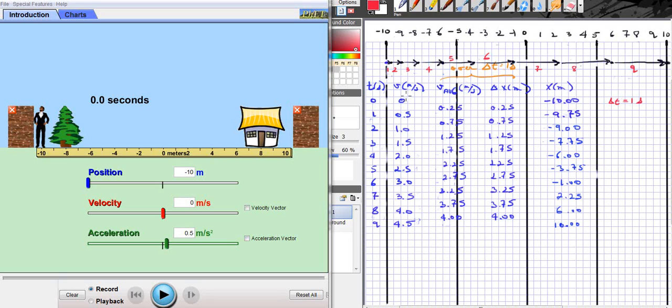So at time 0 he's going 0 meters per second, but at time 1 second he's going 0.5 meters per second, at time 2 seconds he's going 1.0 meters per second, and at time 3 seconds he's going 1.5 meters per second. And in every subsequent 1 second, his velocity increases by plus 0.5 meters per second.